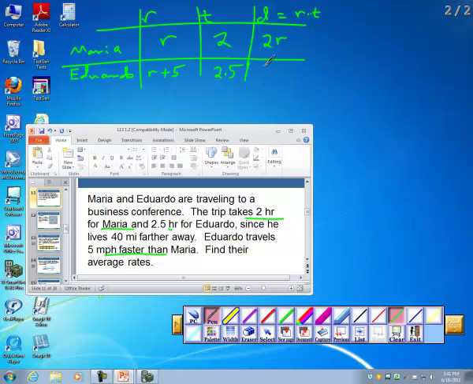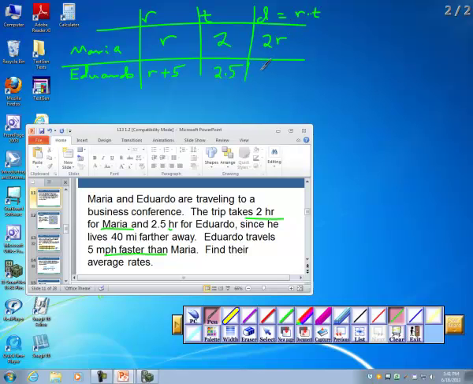And Eduardo's, what would that be? If distance equals rate times time, and Eduardo's rate is R plus 5, and his time is 2.5, then what would we put here for distance?